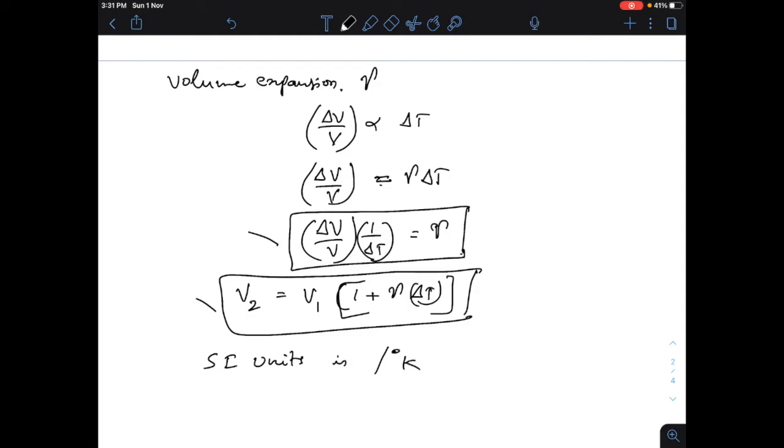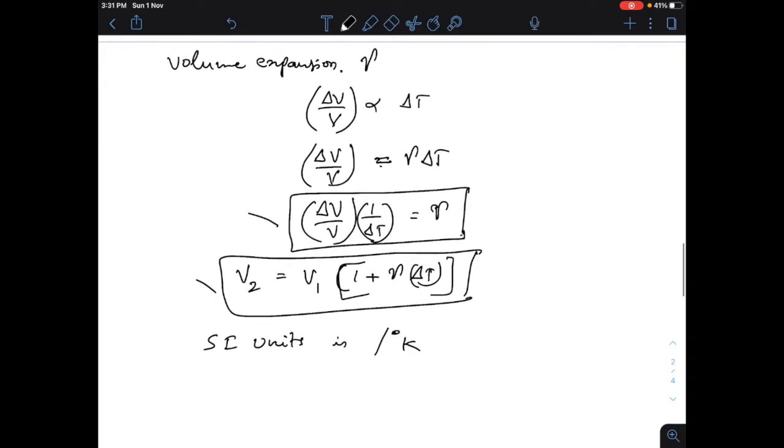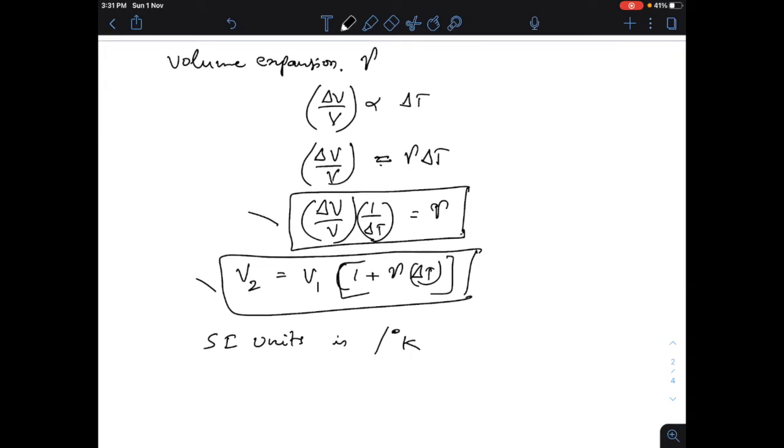See, these are ratios, delta L by L or delta A by A or delta V by V. So that's a fractional change in length, area or volume, which is dimensionless, then 1 by delta T. So per degree Kelvin or sometimes per degree centigrade. In SI units, per degree Kelvin, or you can write Kelvin inverse or degrees centigrade inverse. So these are the units for thermal expansion coefficients.